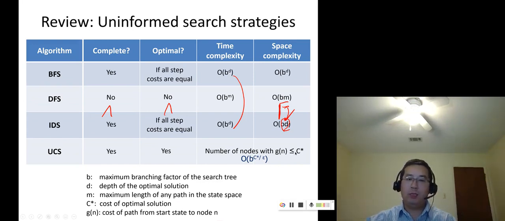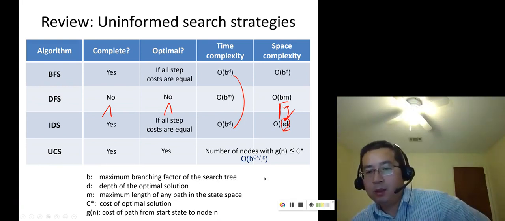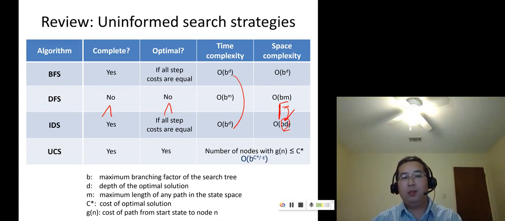All the nodes which are smaller than the optimal cost will be visited. So it's big O of b to the power C star over epsilon, where epsilon is the minimum cost for each action. This also concludes the uninformed search.